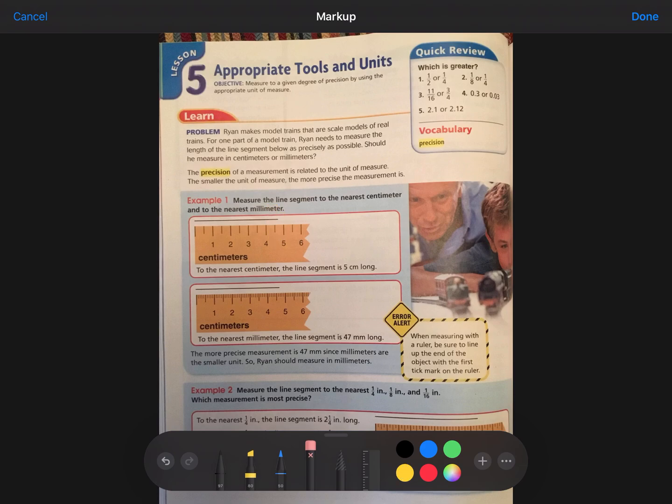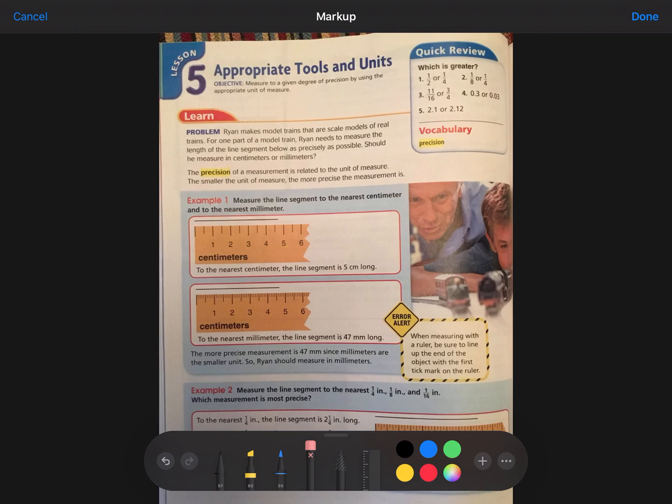For the next one, it's going to be very difficult to see this very accurately with the book, especially being on my iPad. So I'm just going to talk you through this because if I try to draw it, it's not going to go well. So if you were to drop that line directly on top of the ruler, you would see it goes 2 tick marks past that longer tick mark between 4 and 5.